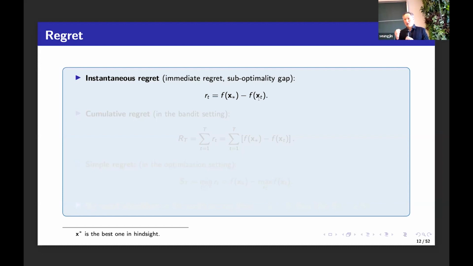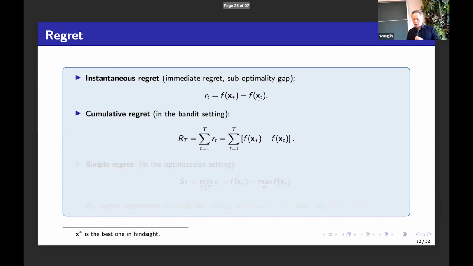So what is the gap between f(x star) and f(x_t)? If this gap is large, our choice is not good. The gap should be as small as possible, so that our choice gets close to the global maximizer.